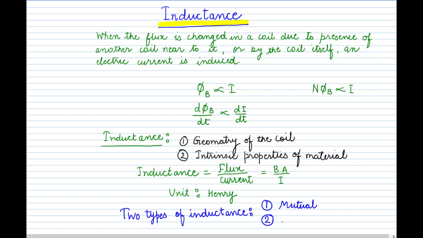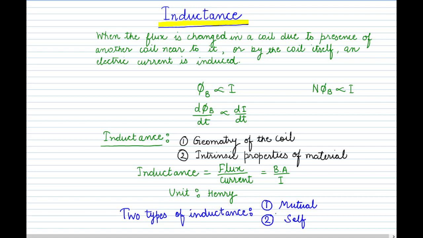Due to the change in the magnetic field of this coil, the coil itself has an induced EMF. That is self-inductance. Only a single coil's change in magnetic flux creates the induced EMF. So mutual is when we have two coils and one is affected by the other, and self is when we have only one coil. First we'll study mutual inductance and then self-inductance.